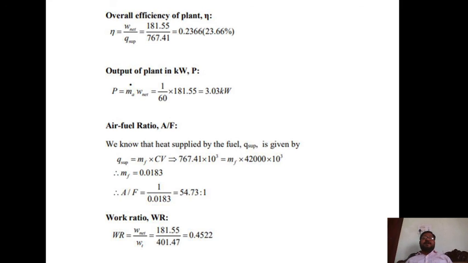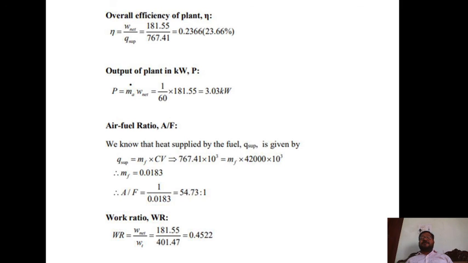Air fuel ratio. We know that heat supply by the fuel is Q supply, given by Q supply equals mF into CV. mF is the mass of the fuel supply into CV. With mF into CV, you will get the heat supply you have calculated. mF you have to calculate: mass of the fuel into CV, which is 42,000 kilojoules per kg. You must convert that into joules per kg.